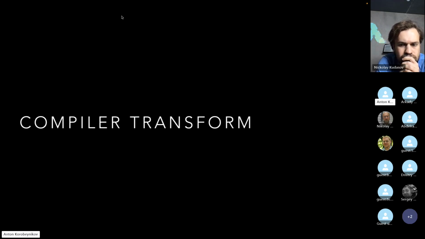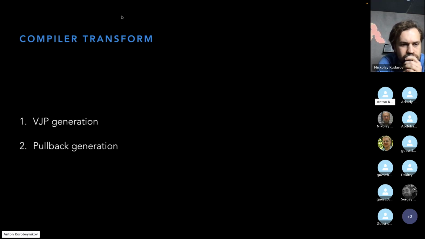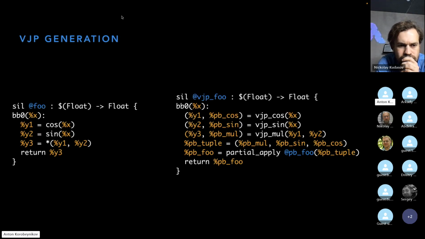As I said, differentiation is implemented as a SIL function transformation. Again, there are 2 steps here, and each of them generates a new kind of derivative function for the given function. The first step is VJP generation, the vector-Jacobian product. The VJP function takes the same arguments as the original function and returns a tuple of the original result and the pullback function, the transpose of the pushforward. The second step is pullback generation.